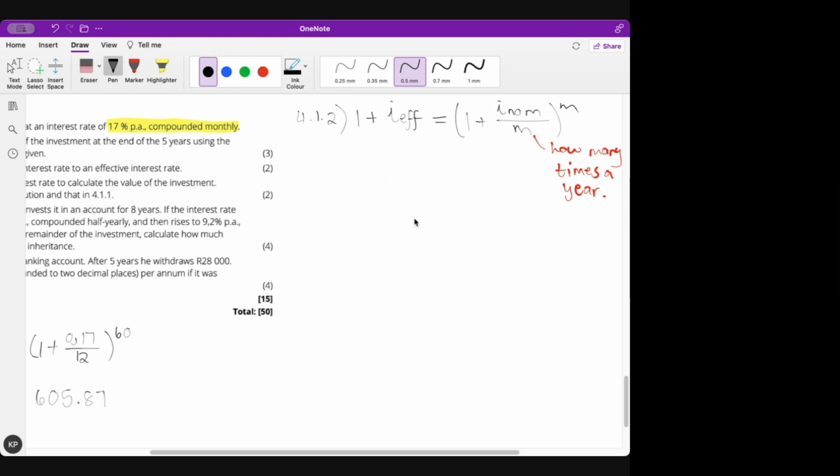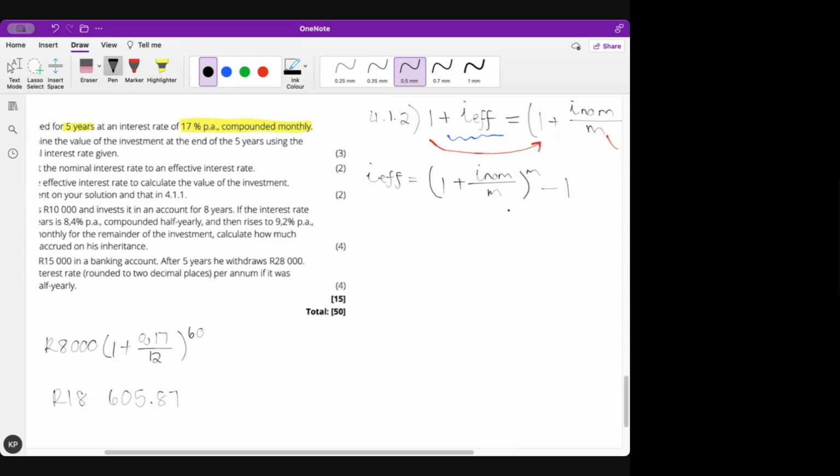So let's substitute here and see what our effective interest rate is. We want this guy over here, so we're going to make it the subject of my formula, which means I'm going to take 1 over to the other side, and it's going to be minus. So my effective interest rate will be equal to 1 plus nominal over M, to the power M, minus 1. Now let's substitute.